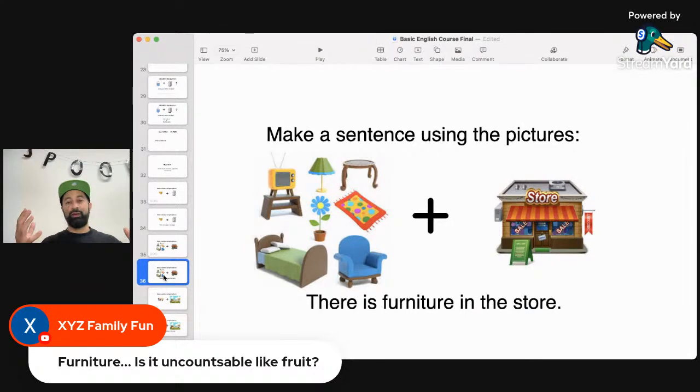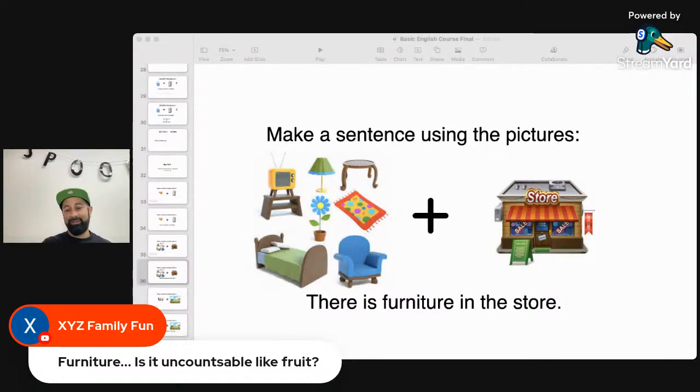But within the category, I've got bed, I've got chair, I've got a sofa, I've got a table. Each of these is countable. Furniture itself, that is uncountable. But within the category, each of the items can be countable. They could be uncountable as well. So furniture is uncountable.